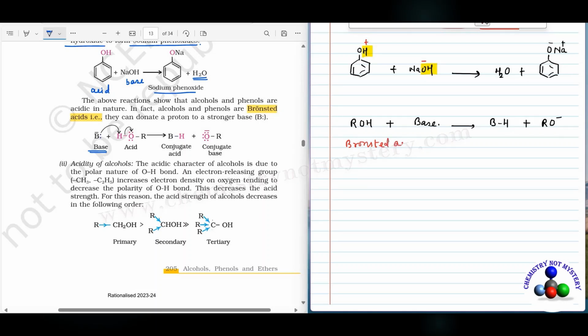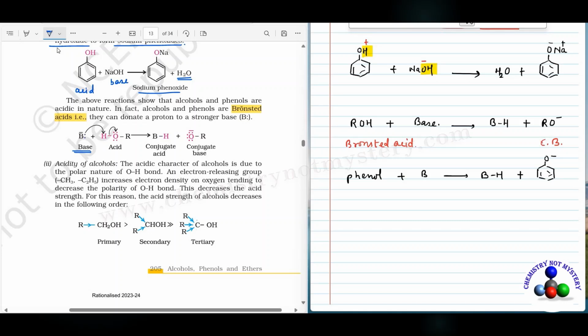This is Bronsted acid, and after donating the H plus ion, it will form its conjugate base. Similarly, you can write the reaction with phenol. When phenol reacts with a base, it will donate H plus ion to the base and it will form phenoxide ion. So this is phenoxide ion, and this phenoxide ion is a conjugate base.